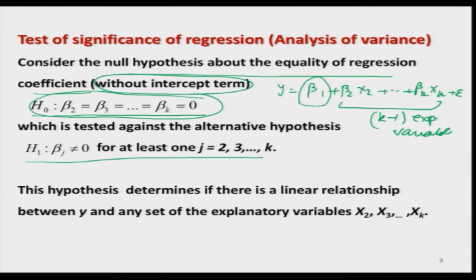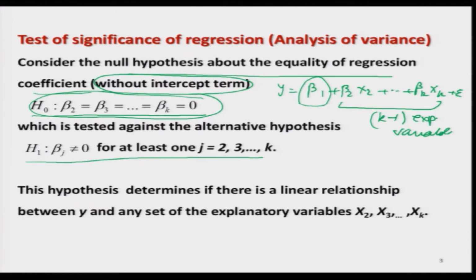If H naught: beta 2 equal to beta 3 equal to beta k is equal to 0 is accepted, what will happen? You are simply saying that all the variables are not important, they are equal to 0, and so only the intercept term is contributing in the response. So there will be only the intercept term and random error.